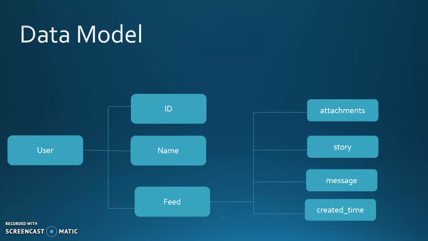And coming to the data model, a data model is used in order to show how the elements are connected to each other. Here, consider that we have a user who is either a Facebook user or a Twitter user, who has his own user ID, his own username, and he has access to the feeds. Feeds include whatever content is being displayed on his wall of Facebook as well as Twitter.